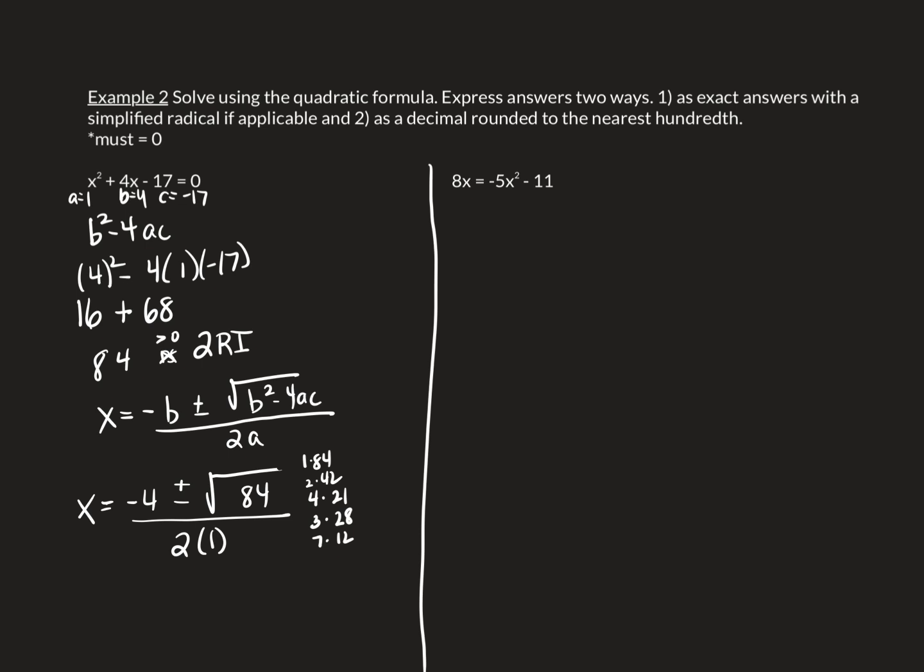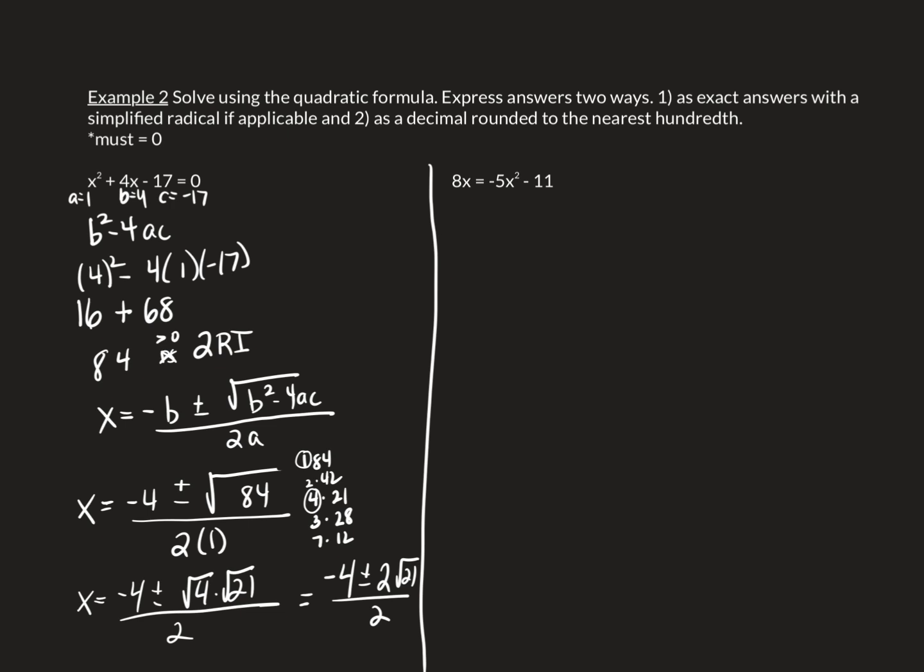So perfect squares, I've got 1 and I've got 4. So x is going to equal negative 4 plus or minus the square root of 4 times the square root of 21 all over 2. So it's going to equal negative 4 plus or minus 2 times the square root of 21 over 2.